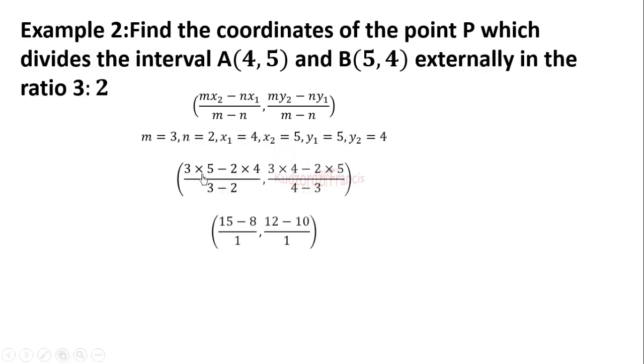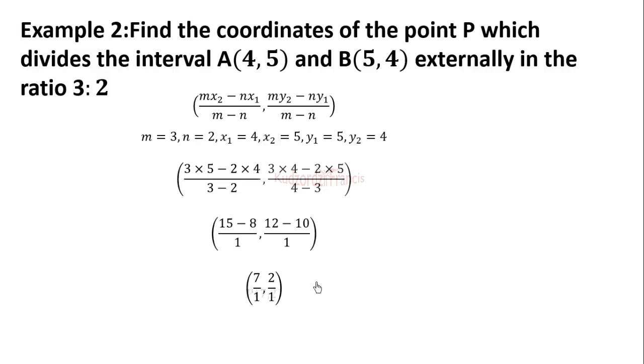Now let's multiply 3 times 5 is 15, 2 times 4 is 8, and we have 3 times 4 is 12 minus 2 times 5 is 10. So all this will simplify to 7/1 and 2/1.